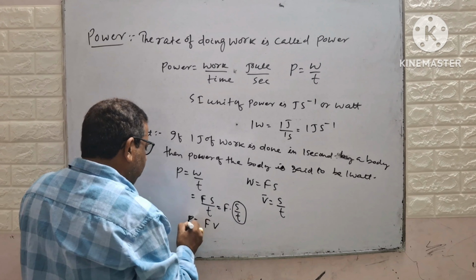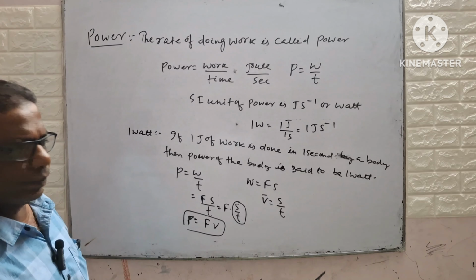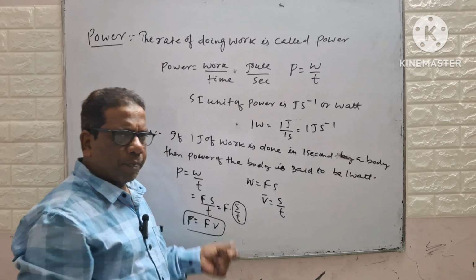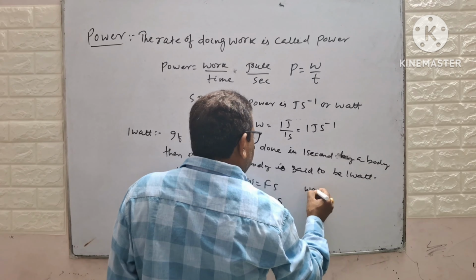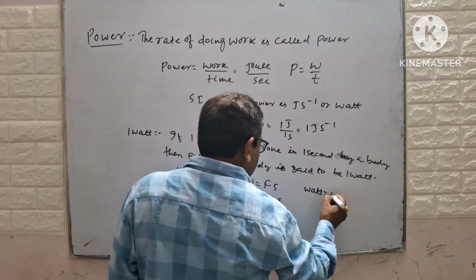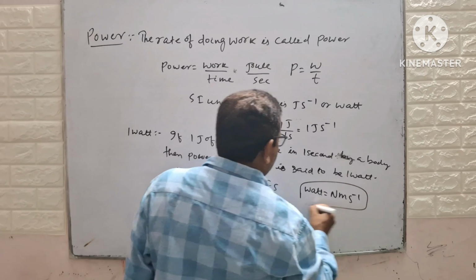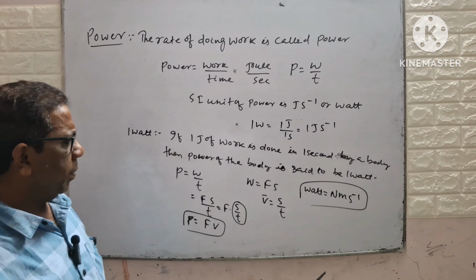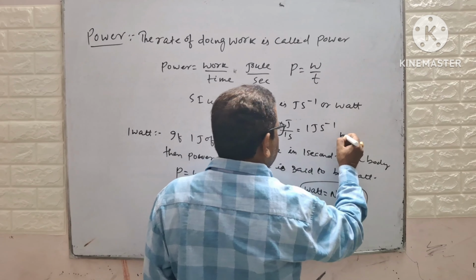Hence, another formula we can put: power equals force into velocity. P equals F v. Here, watt is equal to newton meter per second, or watt is equal to joule per second.